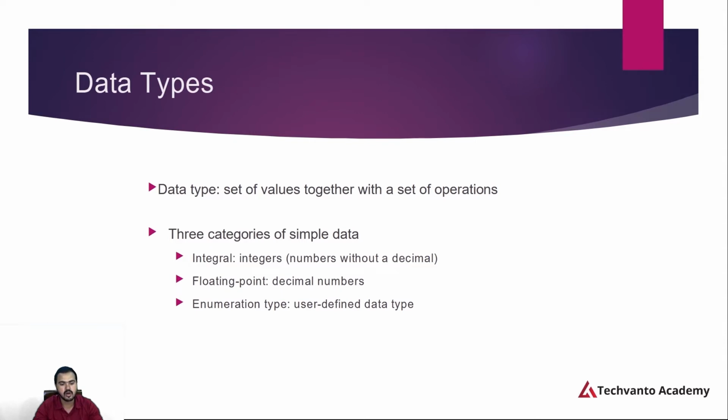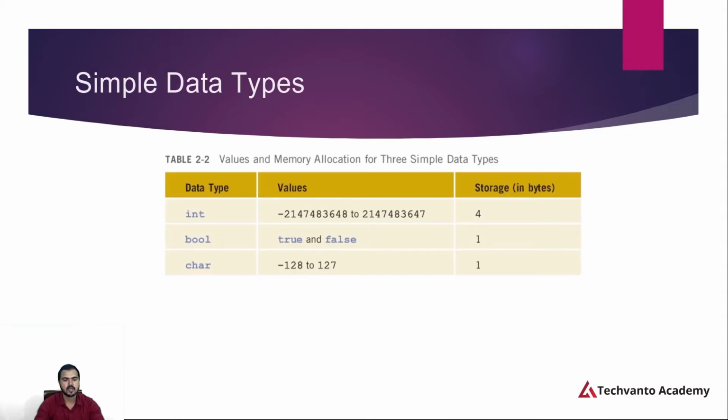The floating point data types contain decimal numbers after integers. And the enumeration type is a user defined data type that we are going to be using in C++ programming. As you can observe, there are a few simple data types that I mentioned here: int, bool, and char.